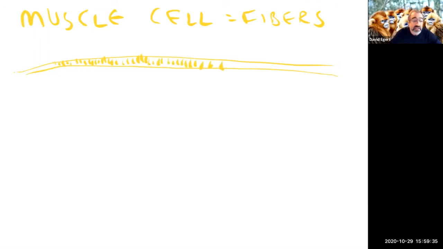You can have a single one of these muscle cells that can be over a foot long. Like in your biceps, there's single cells that go along the entire length of the muscle. In your sartorius, the muscle that goes from your hip all the way down to the top of your lower leg, those are single fibers that are going all the way across your thigh. So these can be really long.